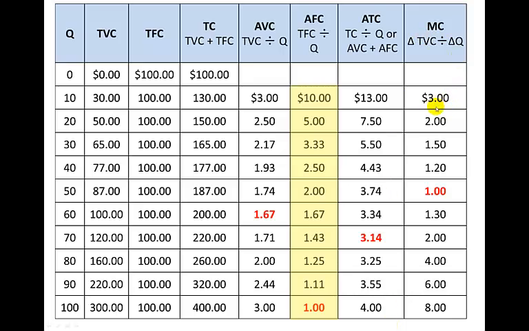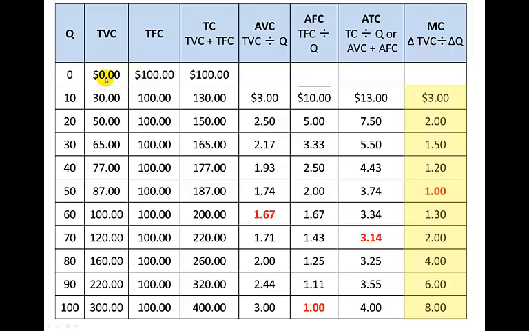So then lastly, we're going to talk about marginal cost. How I find marginal cost is I look at the change in total cost, or total variable cost, same thing, divided by the change in quantity. So let's look at this.